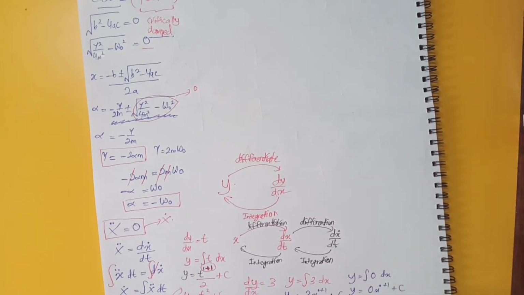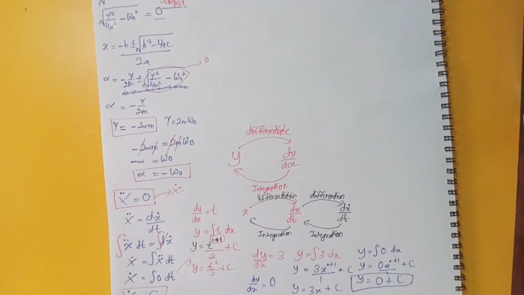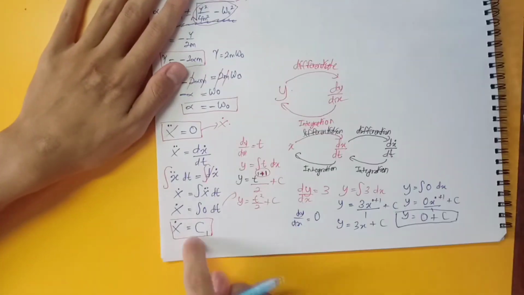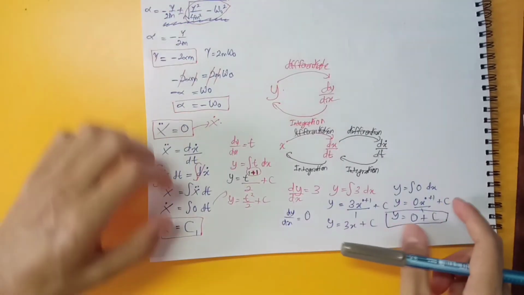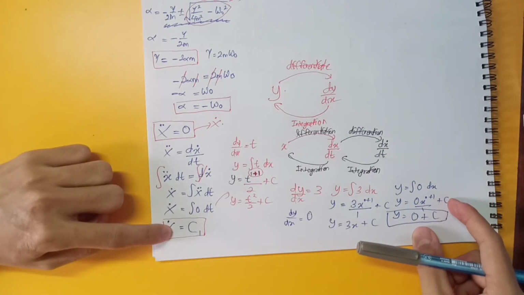So we get that y equals 0 times x, which is equal to 0, and then plus c. Do you see that? It's the same case as this one. That's why we get x single dot equal to c1.